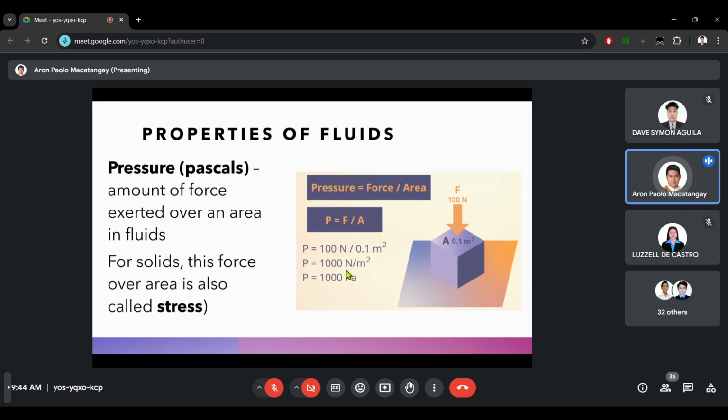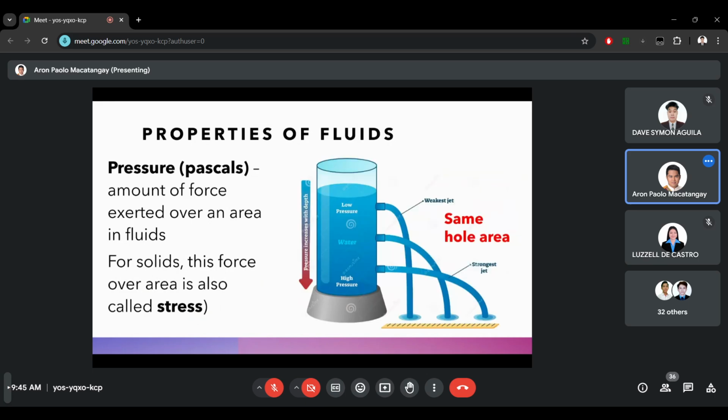So you would be getting 1000 newton per meter squared, or 1000 pascals. So this is the amount of force experienced by an area. For solids, that is called stress, but for liquids, we call it pressure.